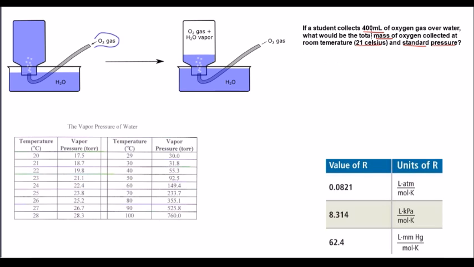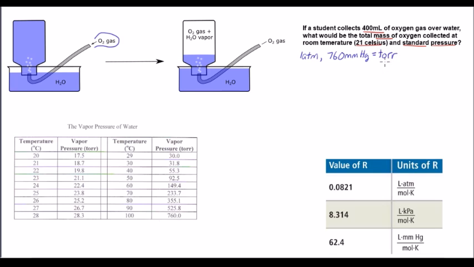Now we know we have 400 milliliters of our oxygen gas slash water vapor mixture that we've collected, and we also know that we have standard pressure. Now, standard pressure is 1 atm. It's also 760 millimeters of mercury, which also equals 760 torr.